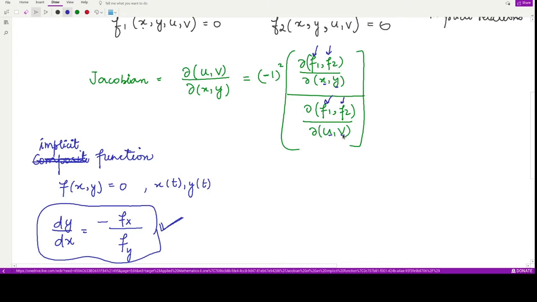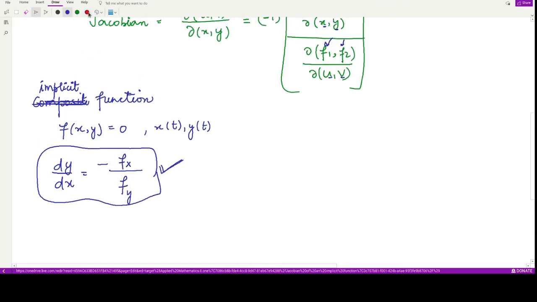We also have a general result, a generalized version of this result.